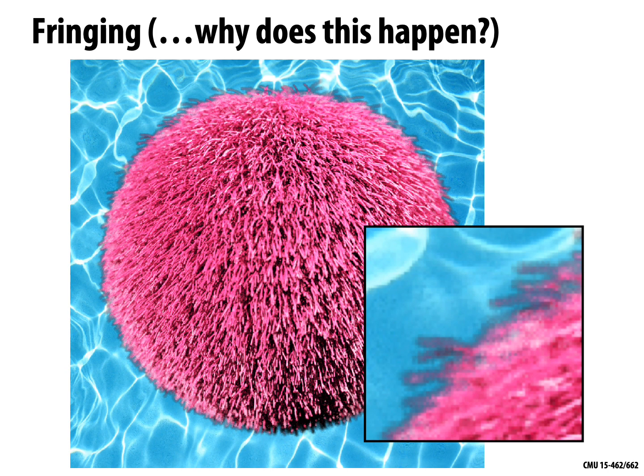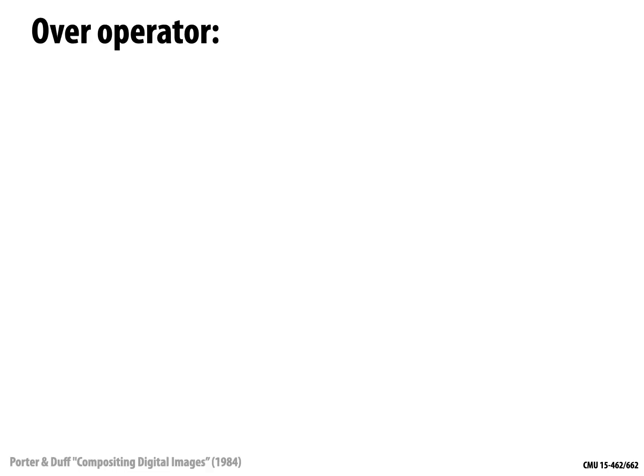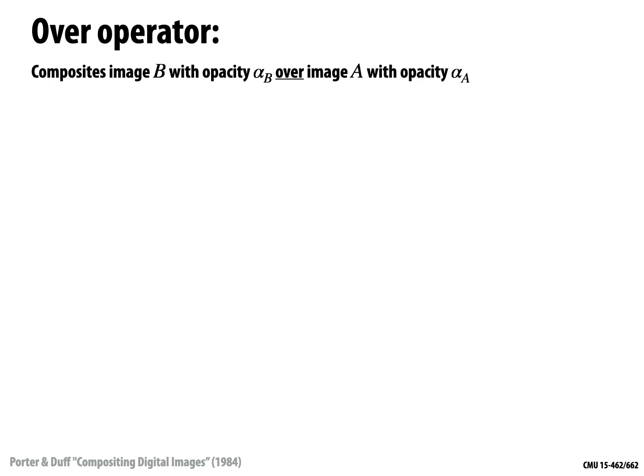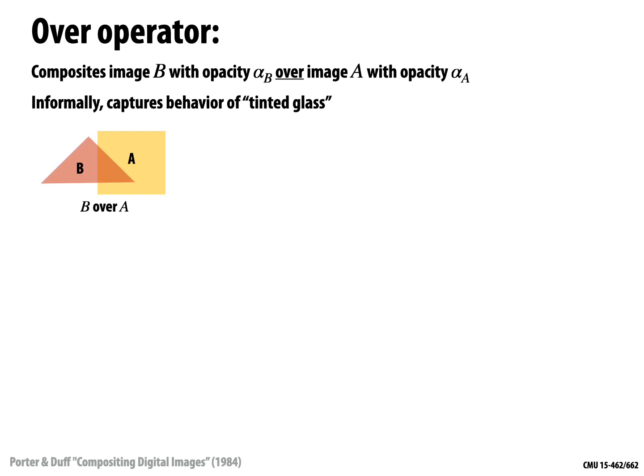So let's look a little bit at the mathematics of how we combine different semi-transparent objects. And our basic operation is going to be something called the over operator. So the idea of the over operator is to composite an image B that has opacity alpha B over, or on top of, an image A that has opacity alpha sub A. So informally, this is going to sort of capture the behavior of tinted glass.